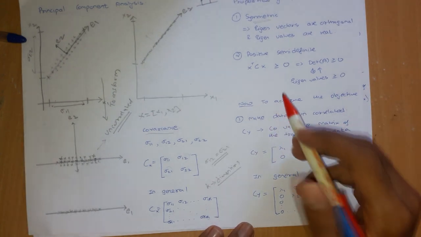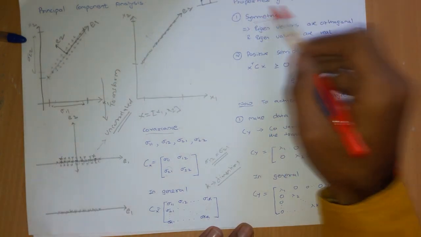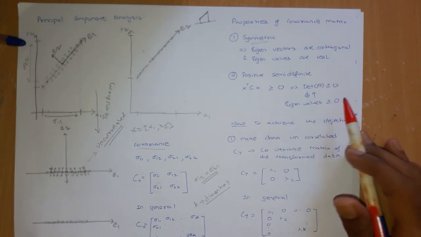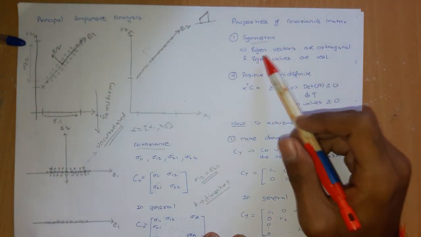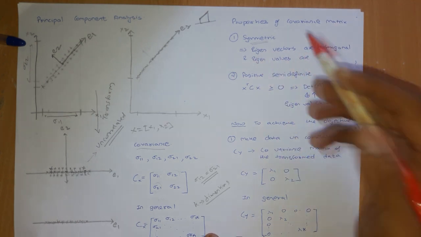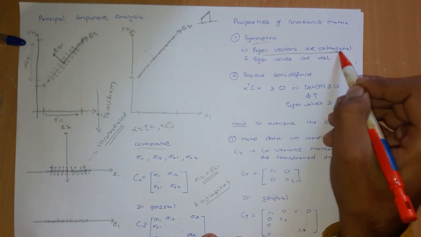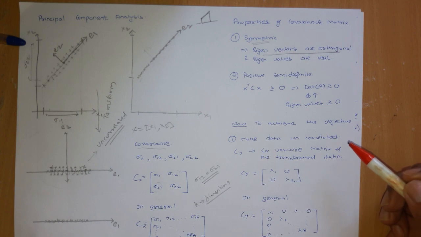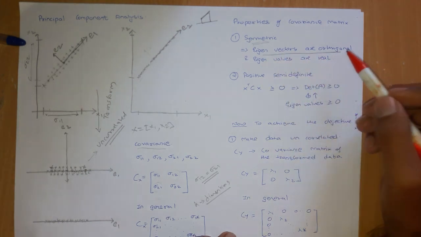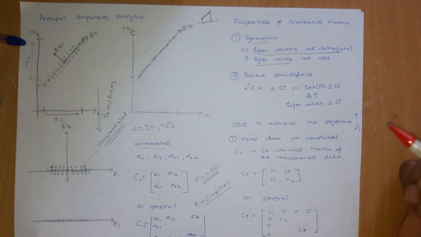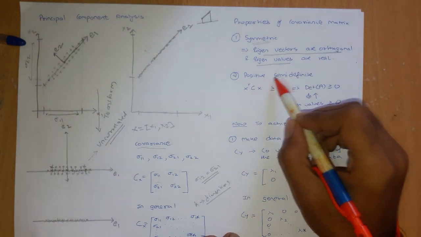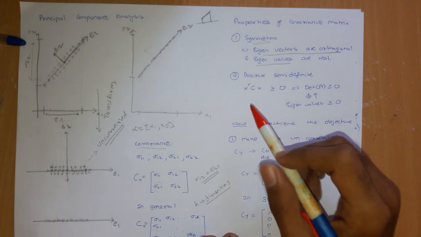So first let us see some properties of the covariance matrix. One of the properties is that it is symmetric, so the eigenvectors are orthogonal. This is one of the very important properties of the covariance matrix, that its eigenvectors are orthogonal. Its eigenvalues are real, and it is positive semi-definite.